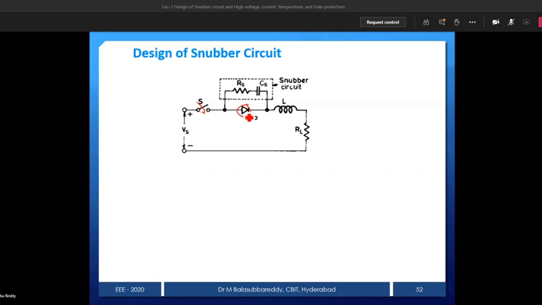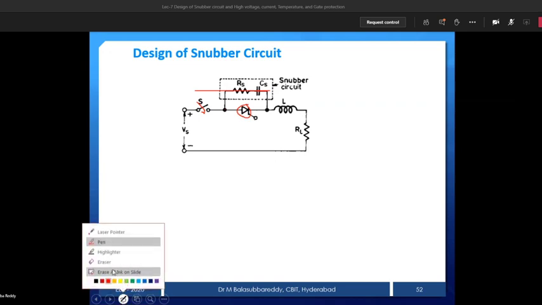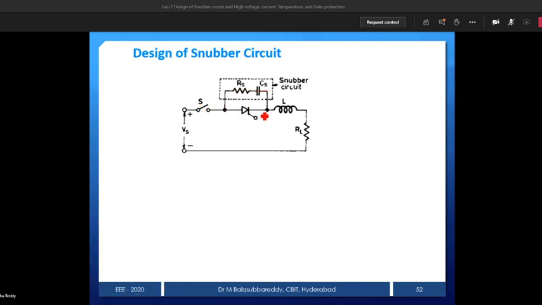We are not providing any firing pulse to the device. For that reason, the thyristor is an open circuit only. And another thing we observed: what about the capacitor? When the switch is closed, at that moment the capacitor will act as a short circuit. So the capacitor acts as a short circuit and the thyristor is not triggered.